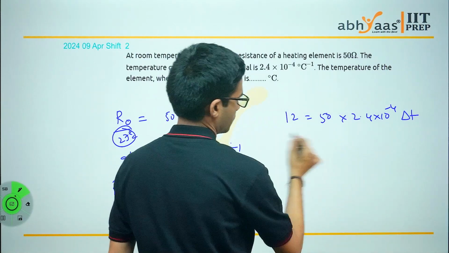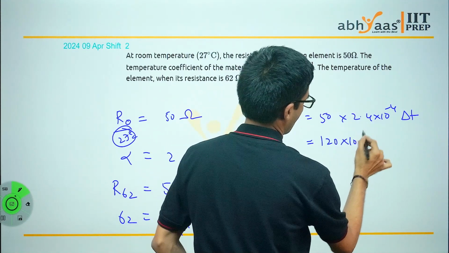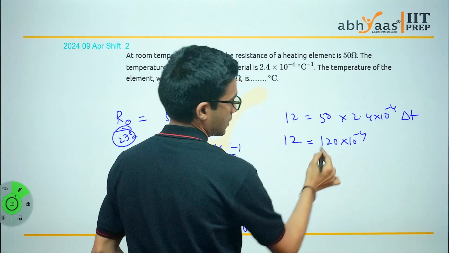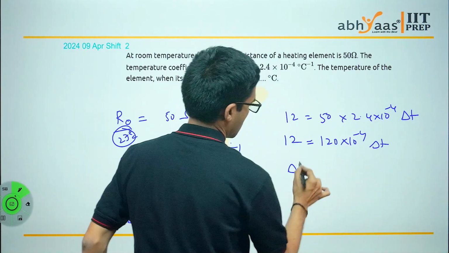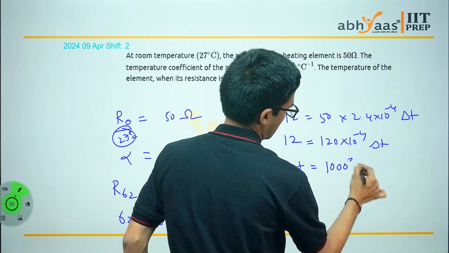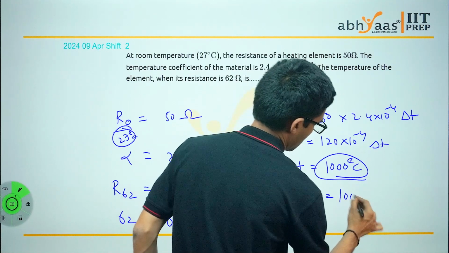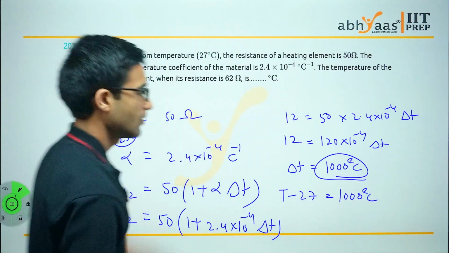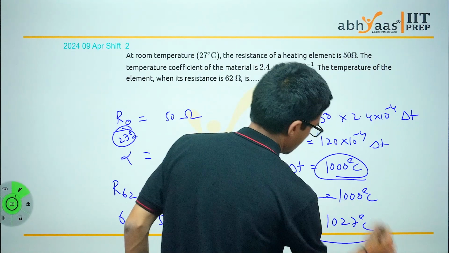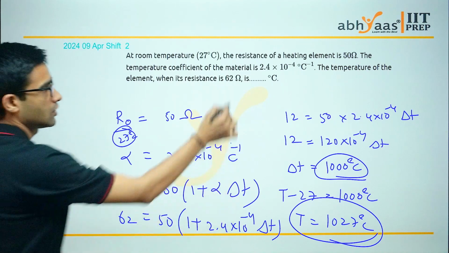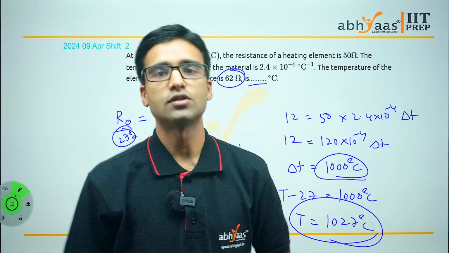If you multiply 50 into 2.4, that is 120 into 10 power of minus 4, and the 12 gets cancelled. So delta t you will get is 1000 degrees centigrade. That is T minus 27 is 1000 degrees centigrade. He has given it in degrees centigrade, that's why I have taken that. T is equal to 1027 degrees centigrade. This is the answer. So this is also one of the easiest questions.